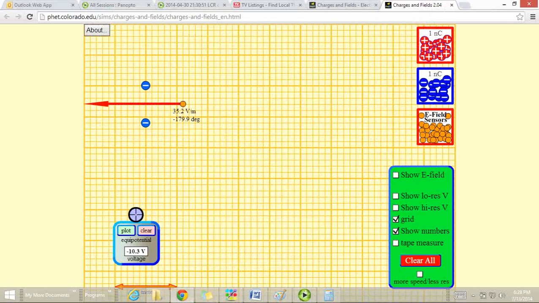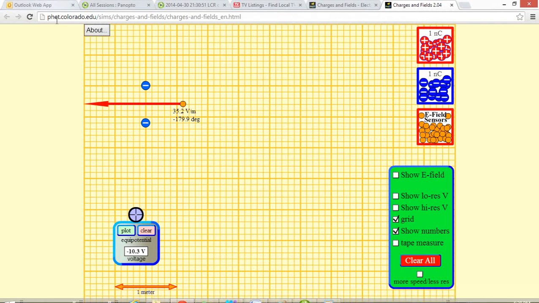I set up the same problem in the PhET simulations, at phet.colorado.edu. Unfortunately, we're restricted to 1 nanocoulomb. We don't get 8/10 with this program. When I put my electric field sensor 6/10 of a meter away from the two charges, which are 6/10 of a meter apart, 3/10 above and 3/10 below this red line, the arrow points in the correct direction, negative, and there are rounding errors, but we can see we're really, really close.